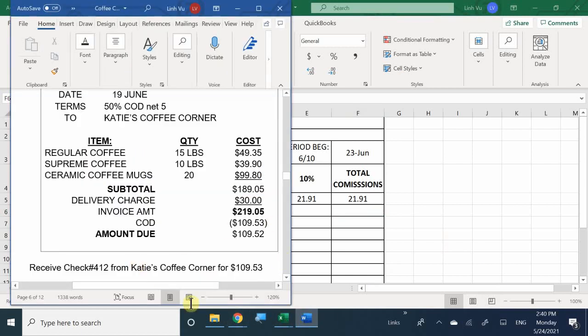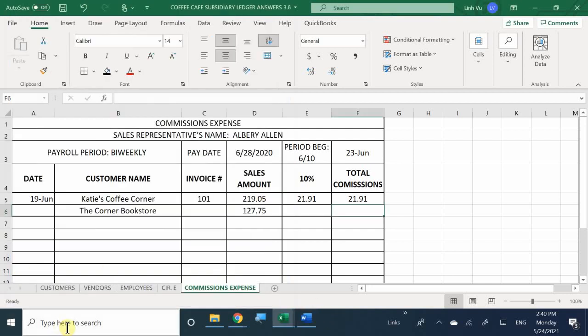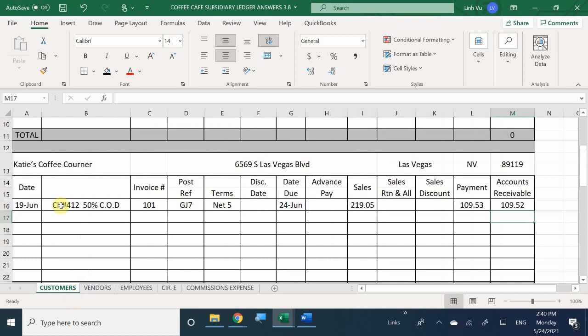Oh wait, is it the customers list? We did that already. Yes, we updated Katie. Inventory? Okay, there's one more before inventory.